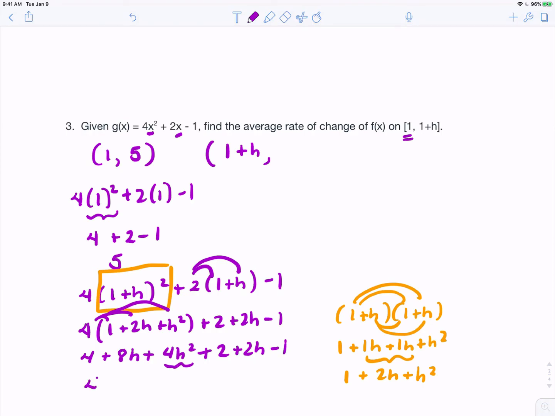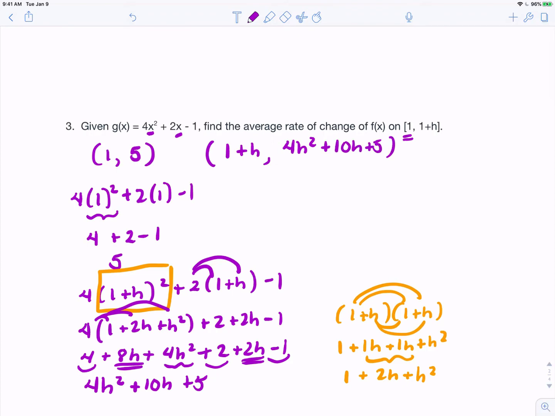Just gathering our similar terms, we have 4h squared. 8h plus 2h is 10h. And here we have a 4 plus 2 minus 1. 4 plus 2 minus 1 is 5. And so our y-coordinate, if x is 1 plus h, is 4h squared plus 10h plus 5.